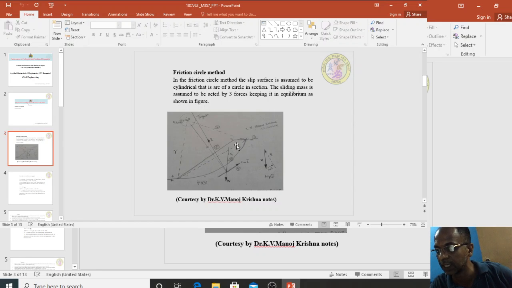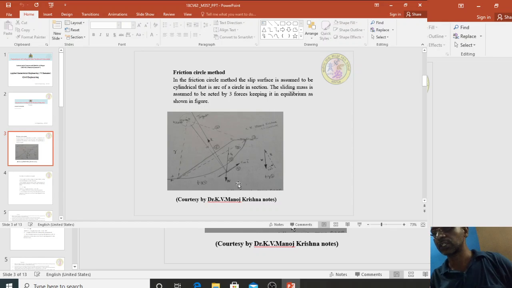I will write a one line here, BD. That will give the area. That multiplied by 1 multiplied by density will give the weight of the sliding soil mass. From O, measure a horizontal distance, draw a vertical line, and that line will give W.